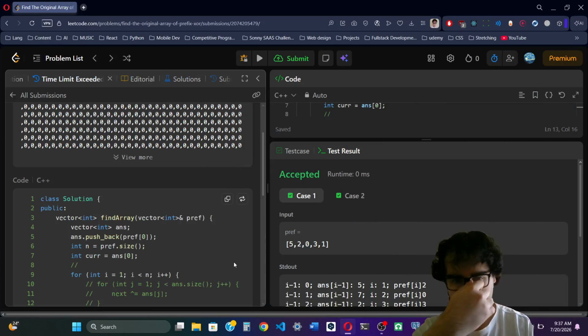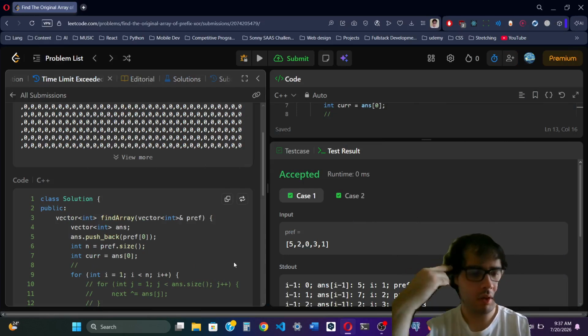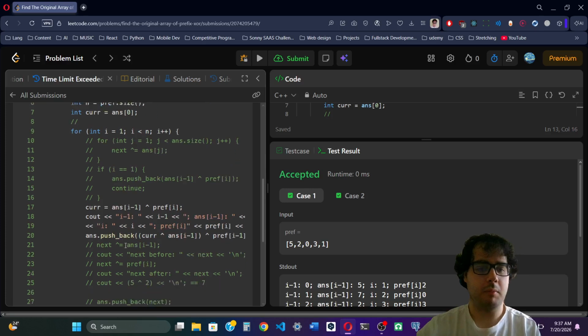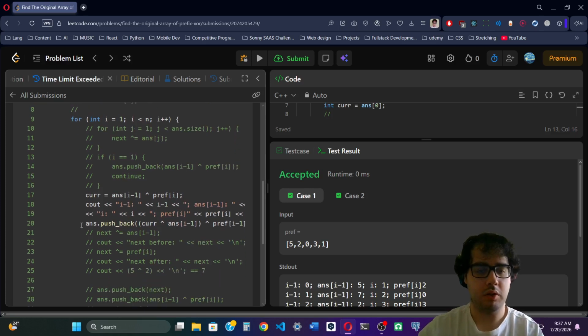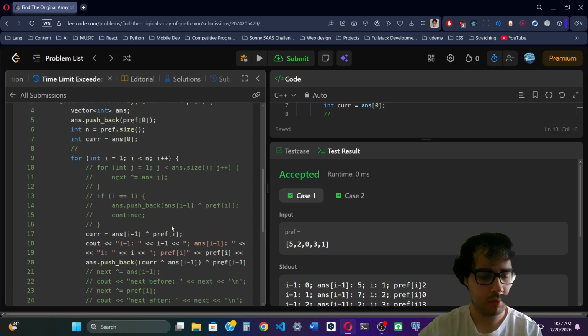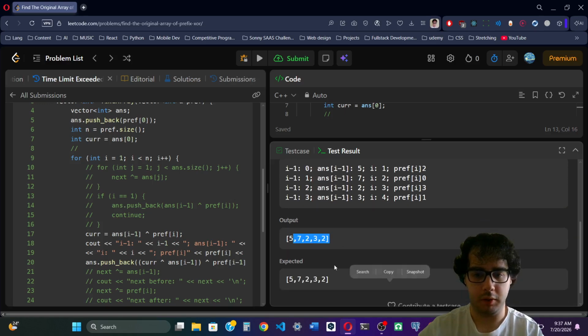Okay, guys, at this point, it might be because I'm changing ends during runtime. Might be. But then why didn't it give me here, if that were the case?